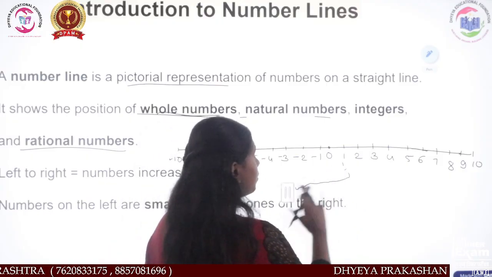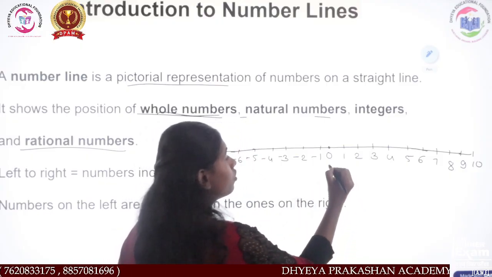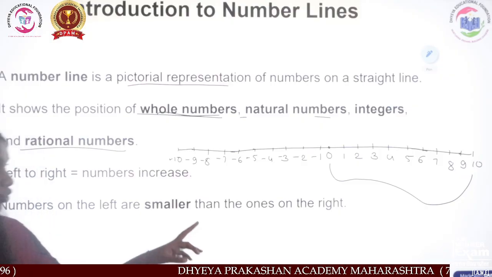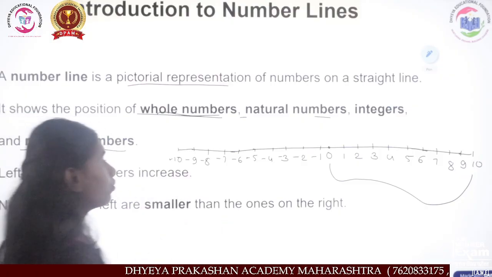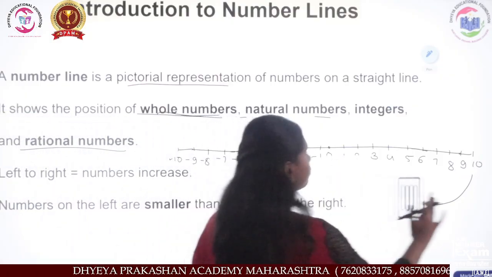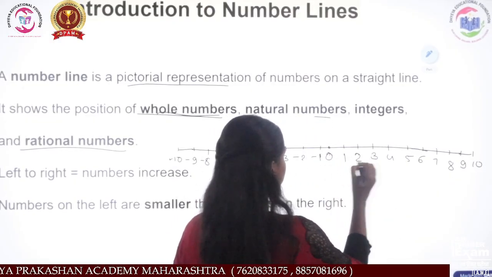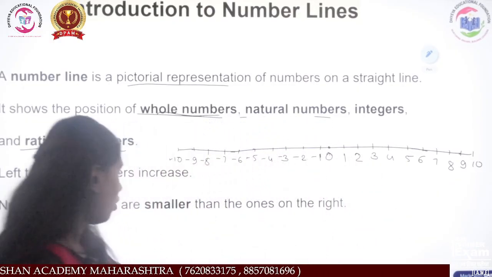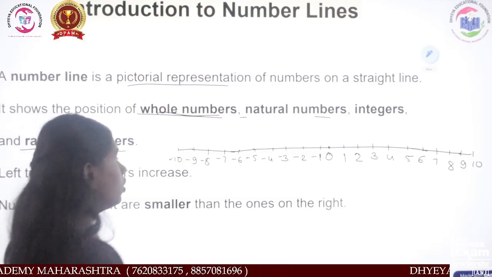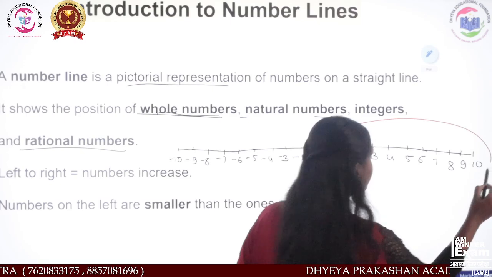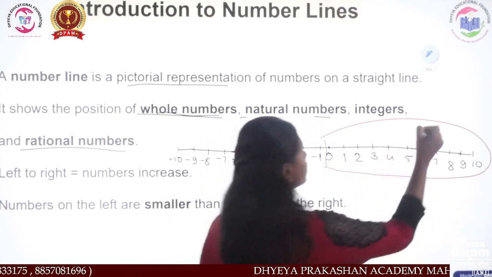Now in this number line, from 0 to 10: 0, 1, 2, and so on. If you start from 0 to 10, these are the whole numbers.